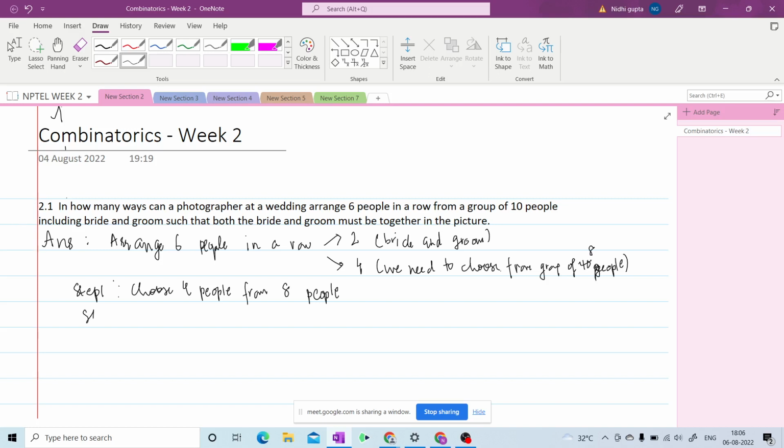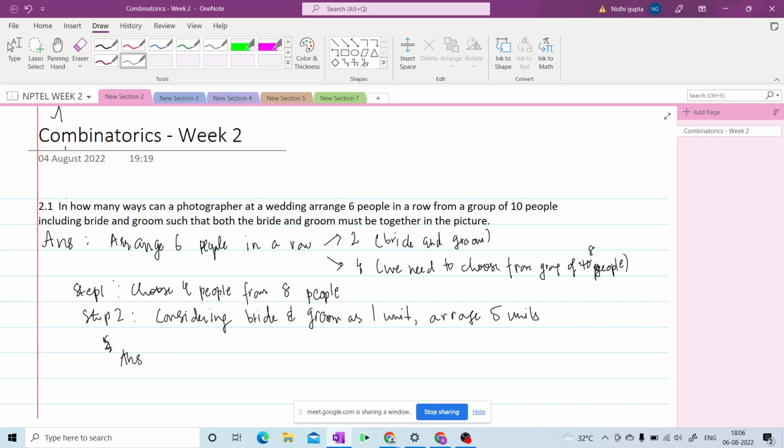And step 2 is considering the bride and groom as one unit and arranging 5 units. And these two steps are independent of each other.